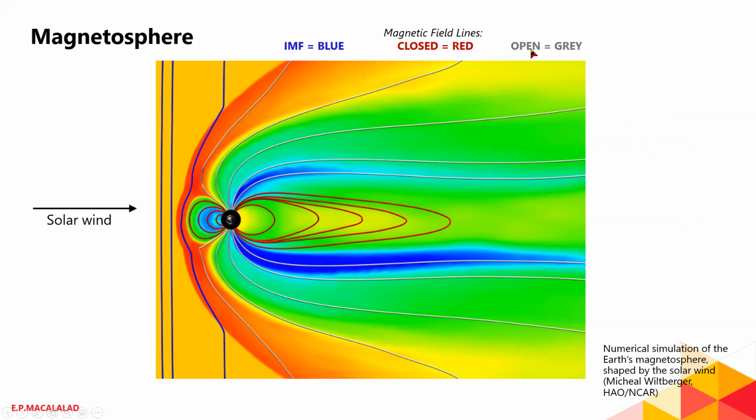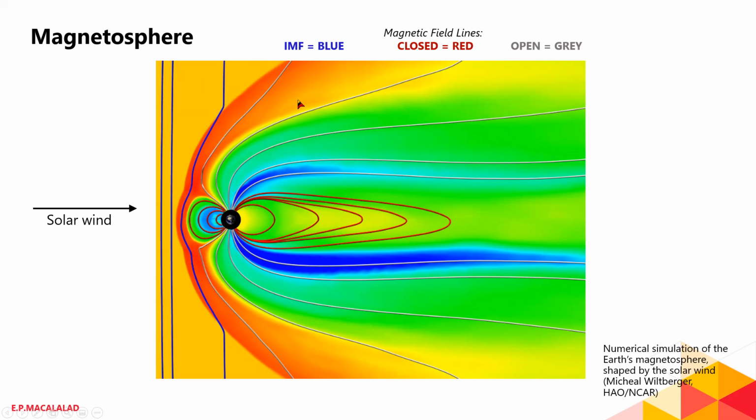And then the gray lines are your open magnetic field lines. Though, yes, I mentioned before that magnetic field lines always form closed loops. So it's always closed. While it's true that within this region these magnetic field lines are open, they always connect to another magnetic field, maybe your interplanetary magnetic field.